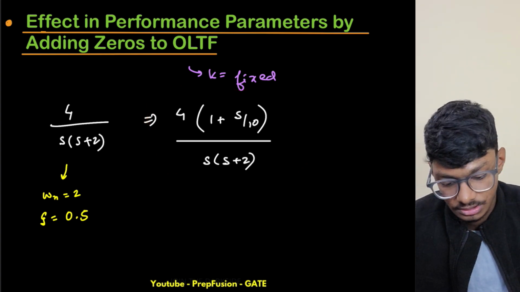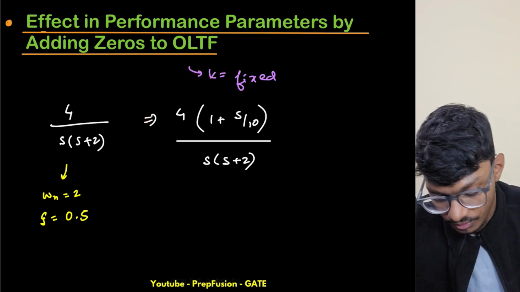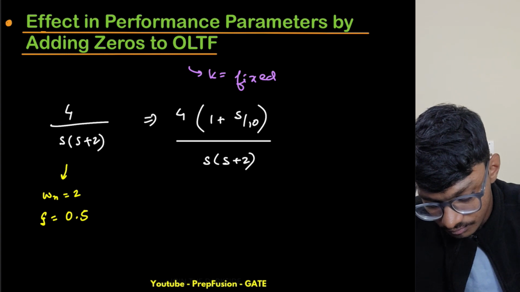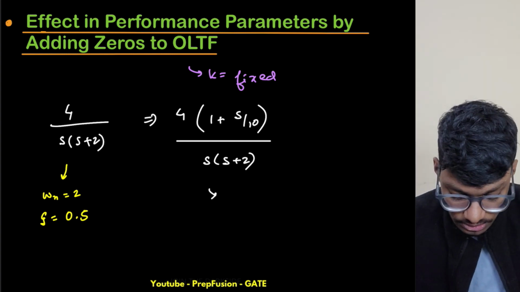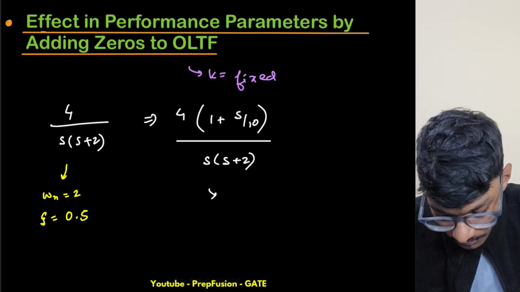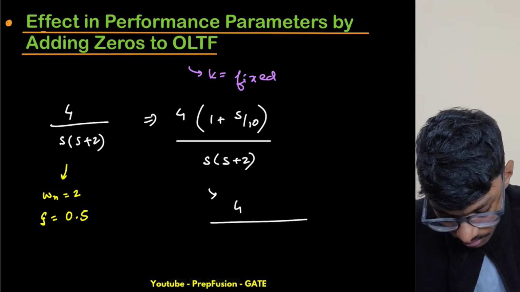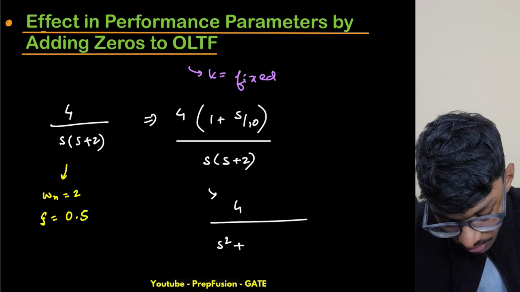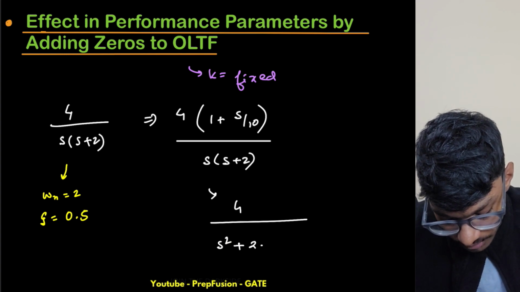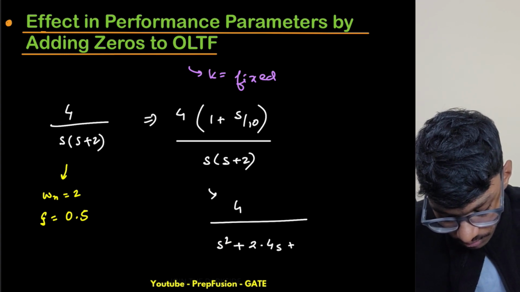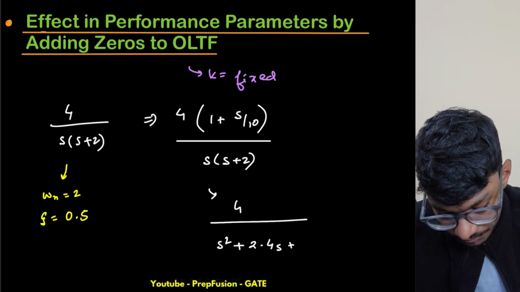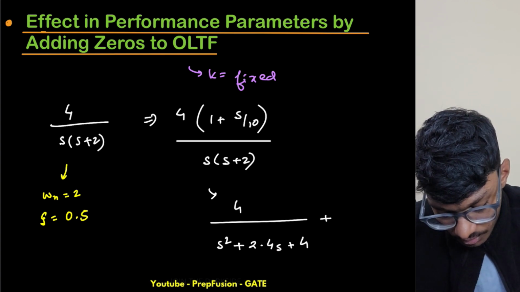Now what about this? This is the OLTF, right? So what will happen to the OLTF? My CLTF will become 4 upon s square plus, instead of 2s it will become 2.4s plus 4, plus 0.4 times s.